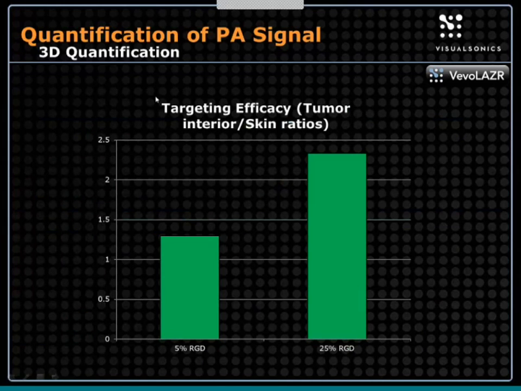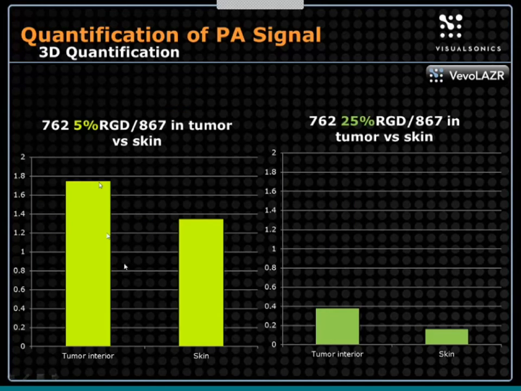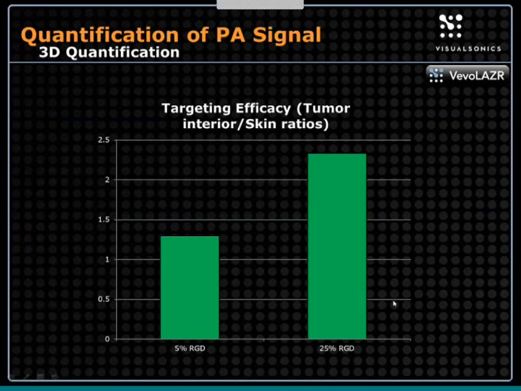Let's now look at the whole goal of our study, which was targeting efficacy of the 5% versus the 25% RGD. And we can see that, again, even though we have overall more of this 5% in the tumor, if you actually look at the ratios between these two, the proportion between these two, you can see that proportionally there's better targeting efficacy of the 25% RGD loaded particles versus the 5% RGD loaded particles.